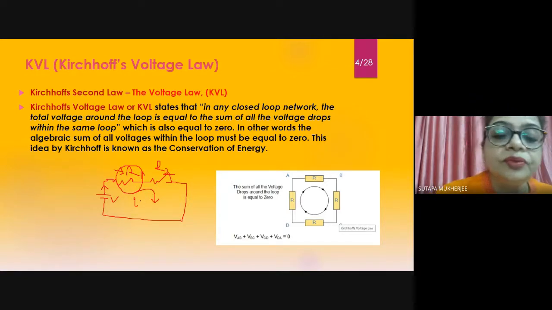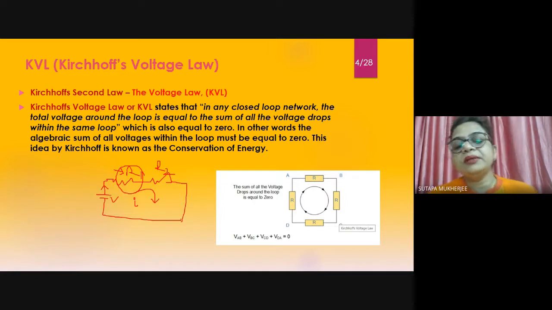What I have told you, I am repeating. If you consider the battery, then other than the resistances, the current will flow from positive to negative, right?